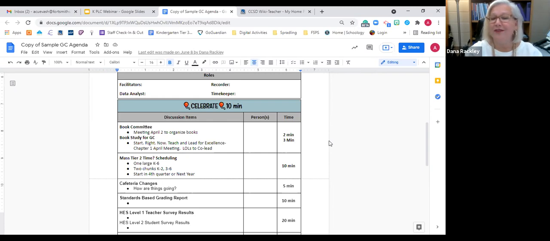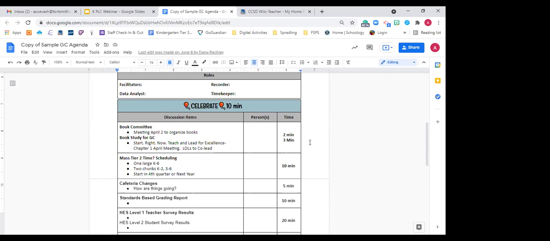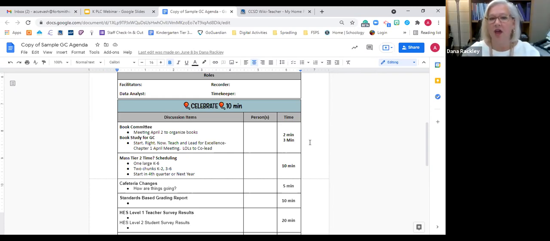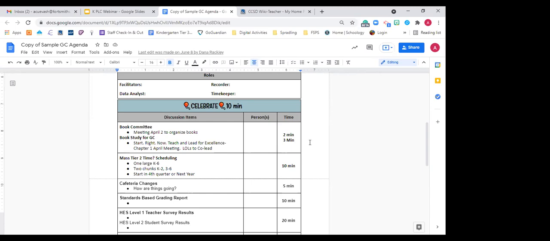Notice we also have a timekeeper on there. That also kind of helps with the squirrel topics, or if a conversation goes beyond reasonable time, the timekeeper will call time to get us back on track. And you can see there that we put how much time is estimated to take up for that particular topic.